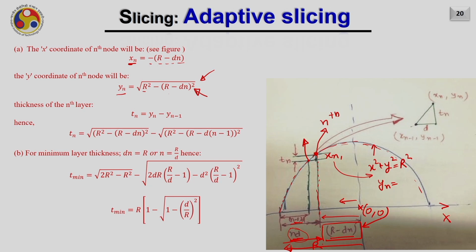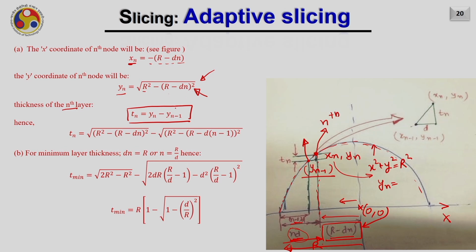Now the thickness of the nth layer will be nothing but, if this is yn, the thickness will be yn minus yn minus 1, the y coordinate of the (n minus 1)th node. Hence Tn will be equal to yn minus yn minus 1.